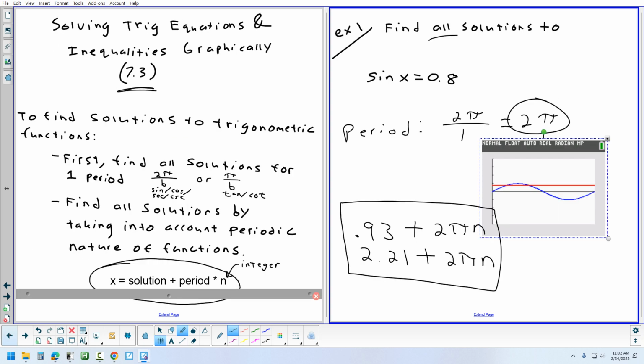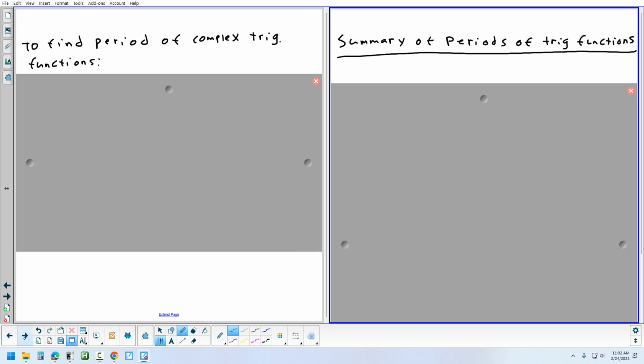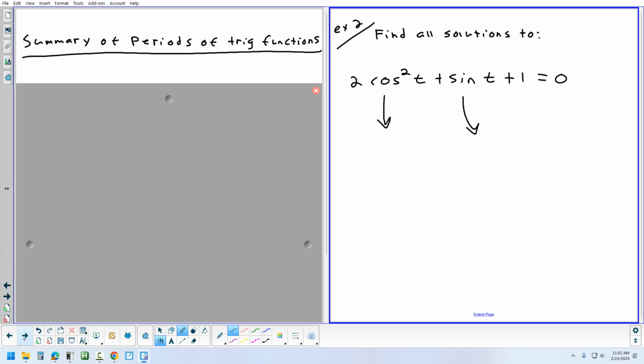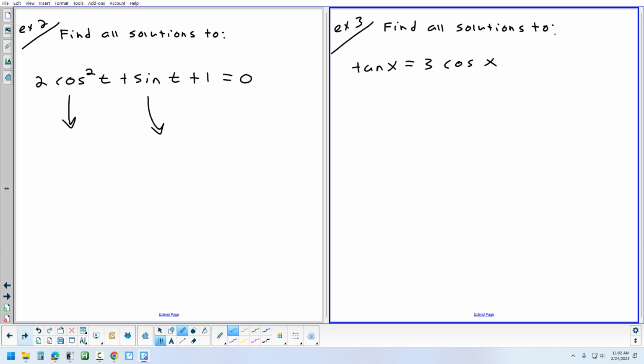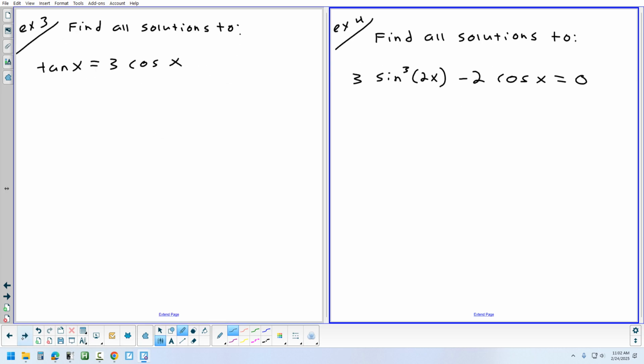All right. Now that was equal to 0.8. We might get to some problems, and we will, where we're setting it equal to 0. Does anybody remember when you set something equal to 0 and solve it, what you're finding? Yeah? X. Well, you're finding x, but you're finding something specific.